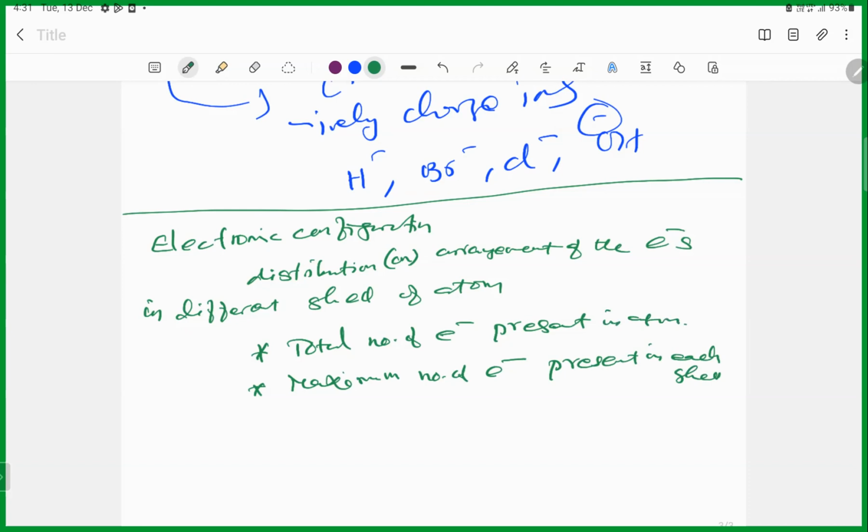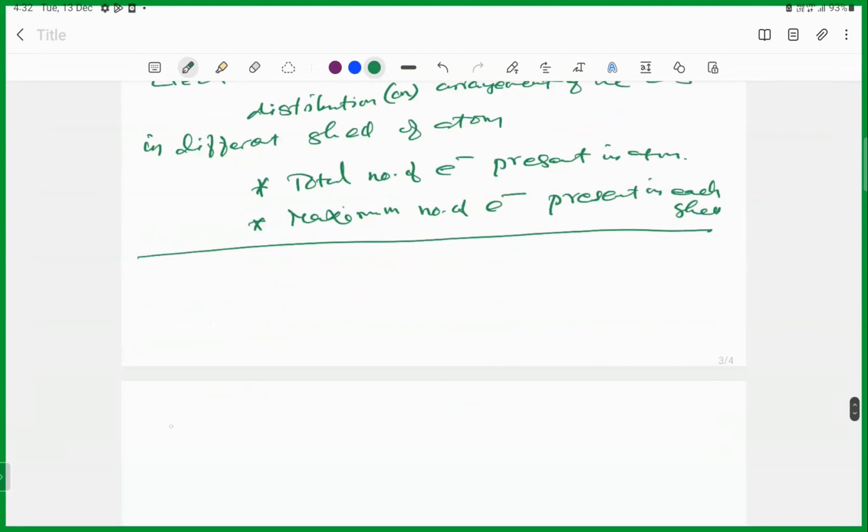So these are the things we can calculate. Based on the electronic configuration, it will follow the Bohr-Bury rule and the n plus l rule. First you should know these rules, then you can write the electronic configuration easily.